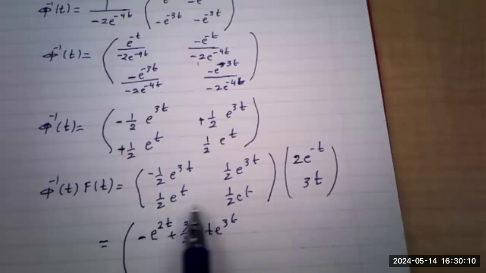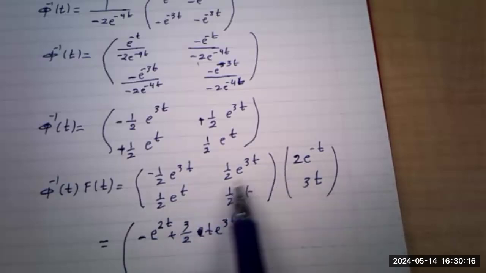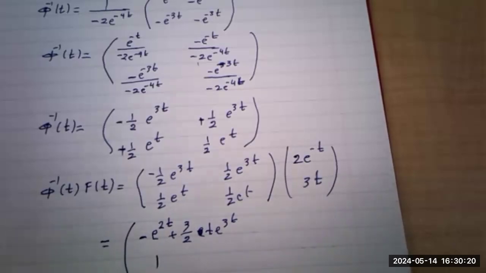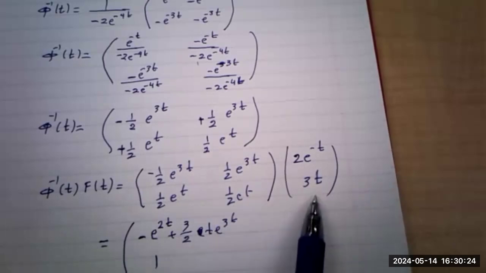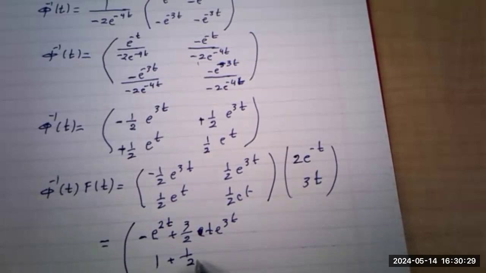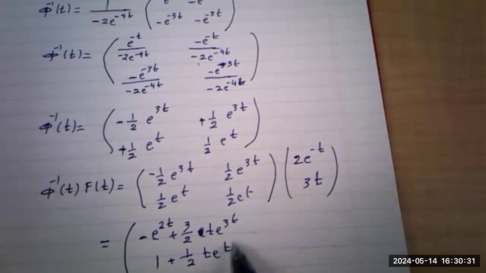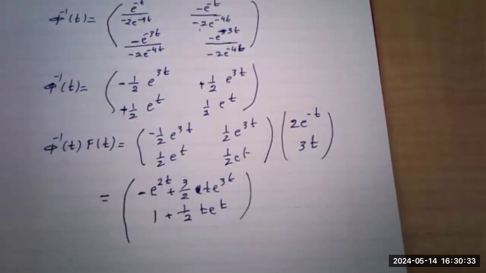Do the second one. If you multiply the second one, everything will be cancelled out. 1/2 gives you 2 e to the t times e to the negative t. If you simplify, you get 1. Okay, if you multiply these two together, that gives you plus 1/2 t e to the t. That's it.